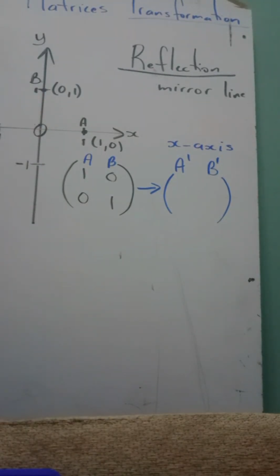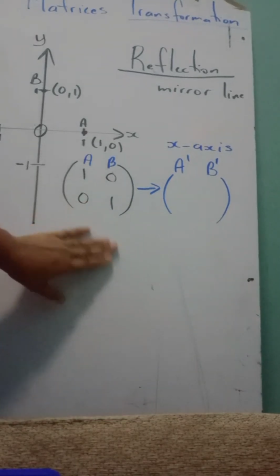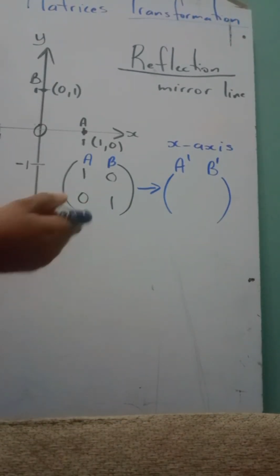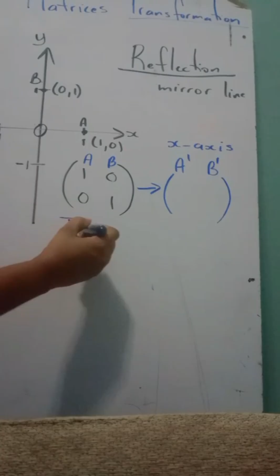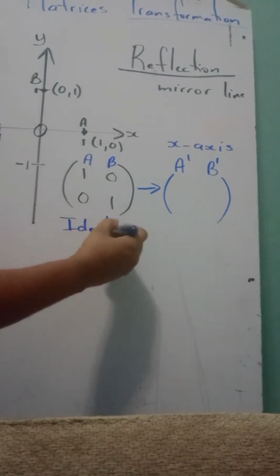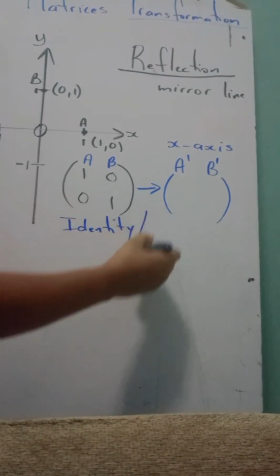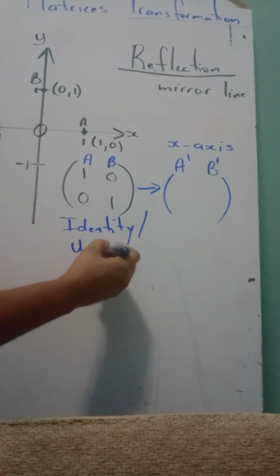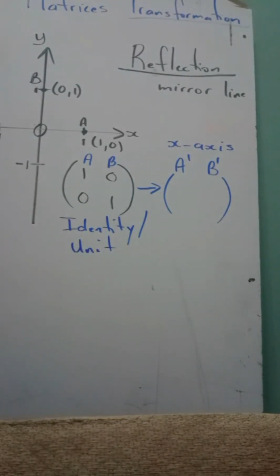Now this should look like something to you. If it doesn't, it means that you need to go and review matrices again. But to just remind you, this matrix here is what we call our identity matrix, or we could call it our unit matrix. So it is representing that each point is 1 unit away from the origin.